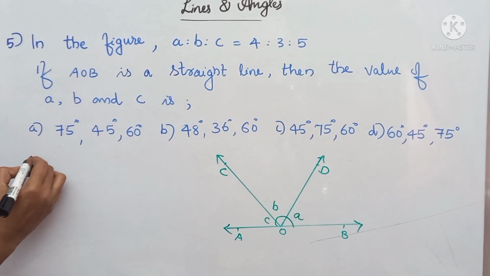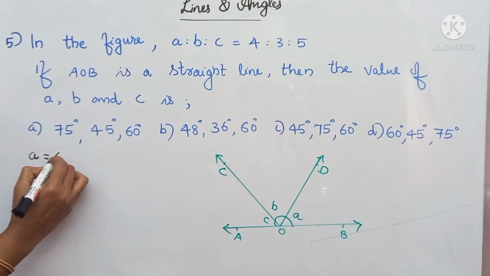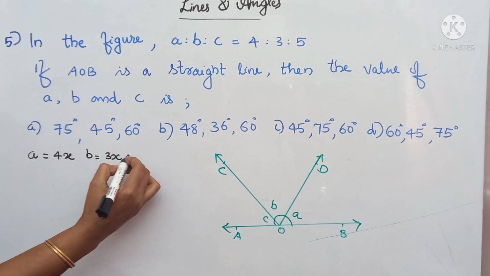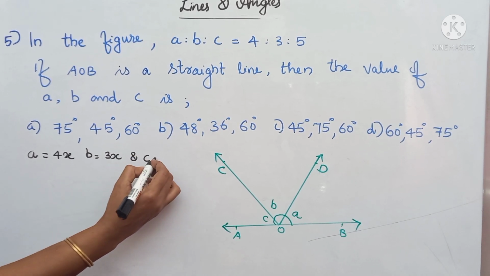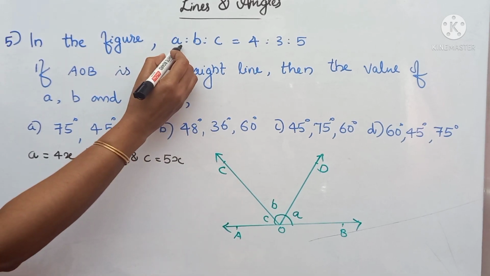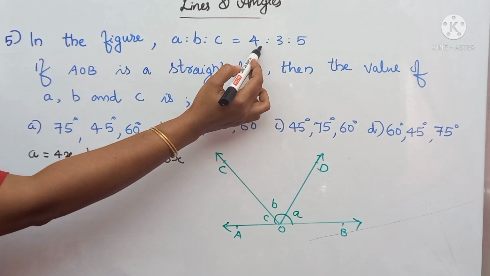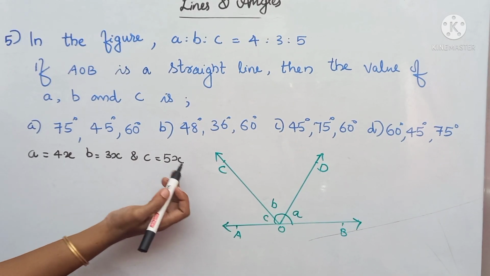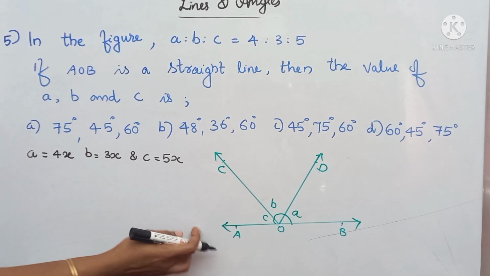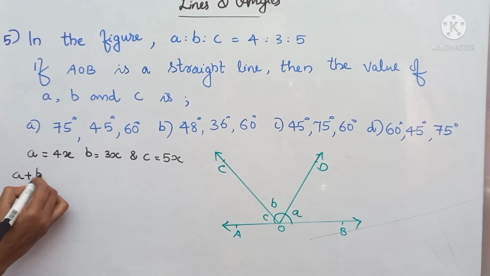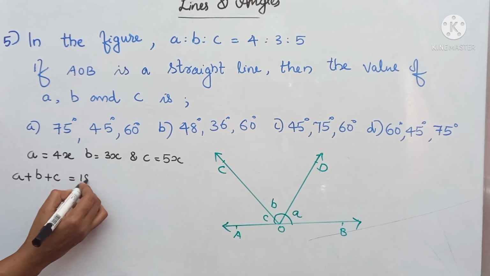So we take A is equal to 4x, B is equal to 3x, and C is equal to 5x. From the ratio only we have taken this A, B, C, 4 is to 3 is to 5, as 4x, 3x and 5x. And from the figure we can see A plus B plus C is equal to 180 degree.